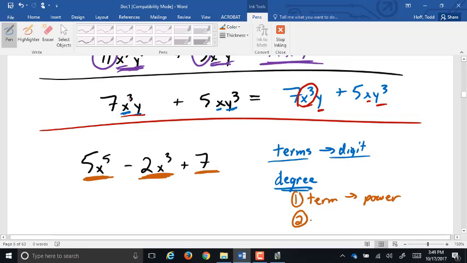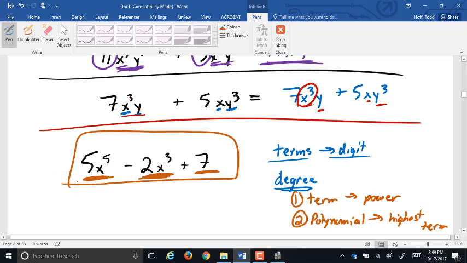Second, there's a degree of the whole number. It's called a polynomial. And the degree of the polynomial is just the highest degree of any term. So for this whole algebraic number, that whole polynomial, the degree would be, yes, 5th degree.